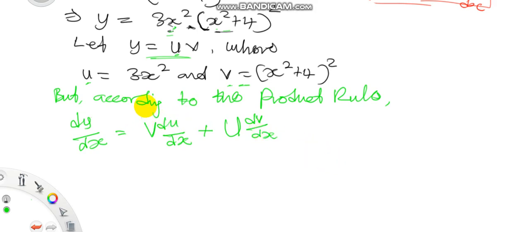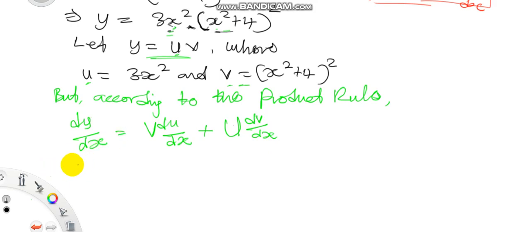We are differentiating with respect to x. Now we know what v is and what u is, but we need du/dx and dv/dx.